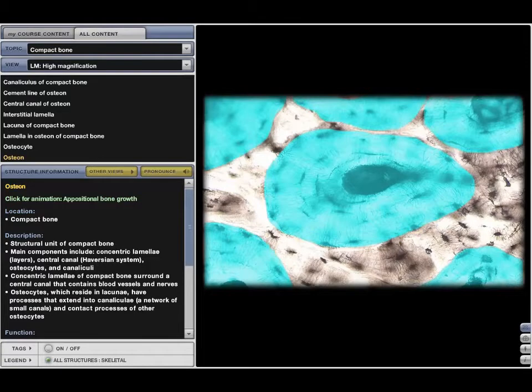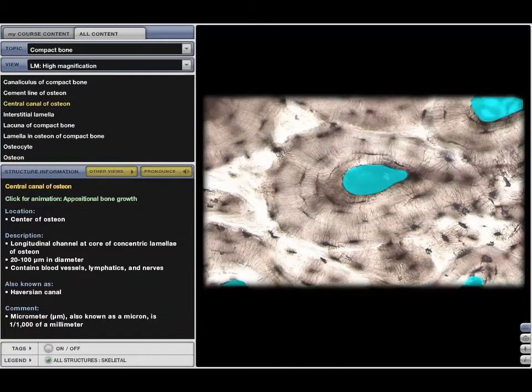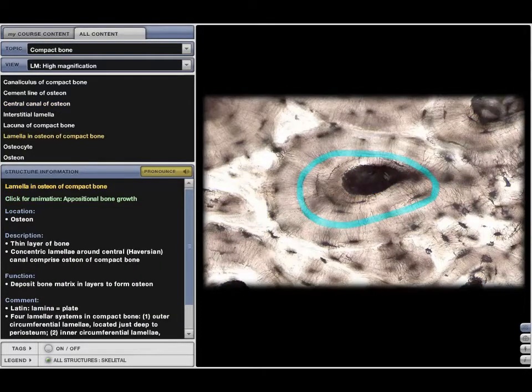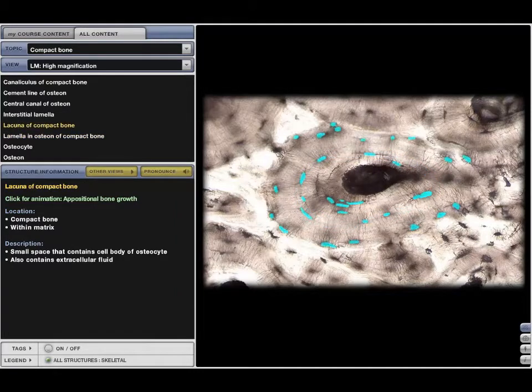First, we have the individual osteons, and in the center of each osteon, the central canal, and the lamellae, which are the concentric rings of tissue that make up the osteon. And between each of the lamellae, we have lacunae, which are the spaces that house the osteocytes. And within the lacunae, we have the osteocytes.